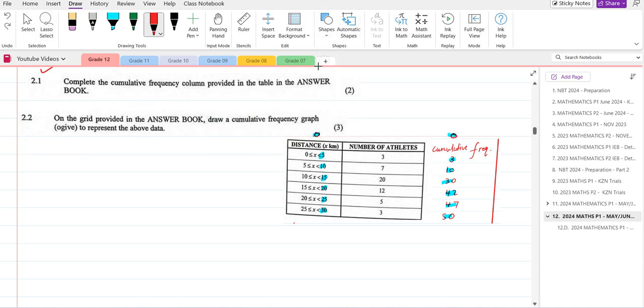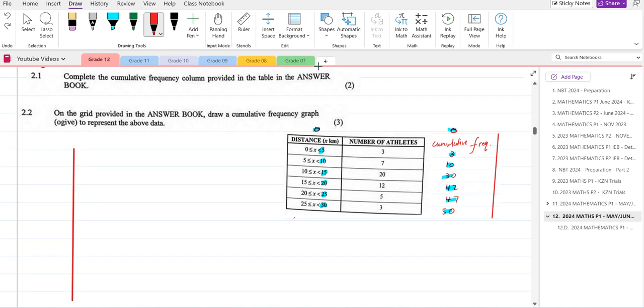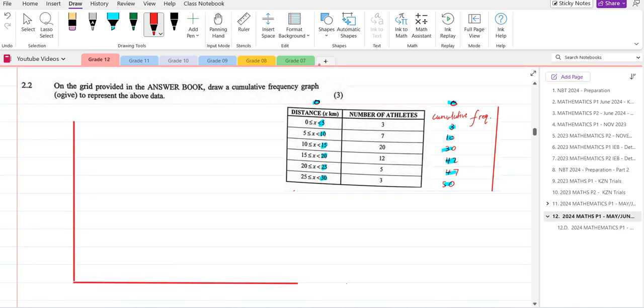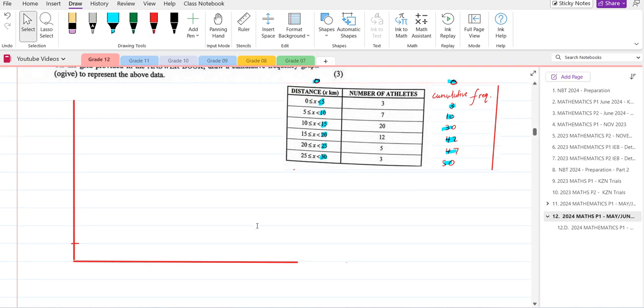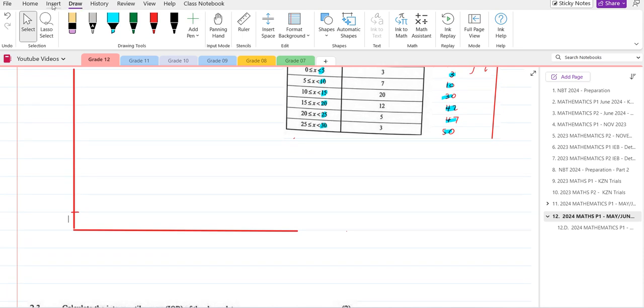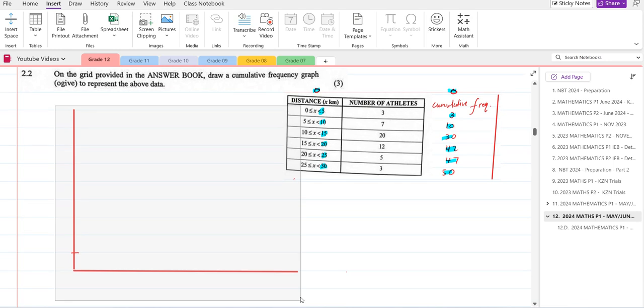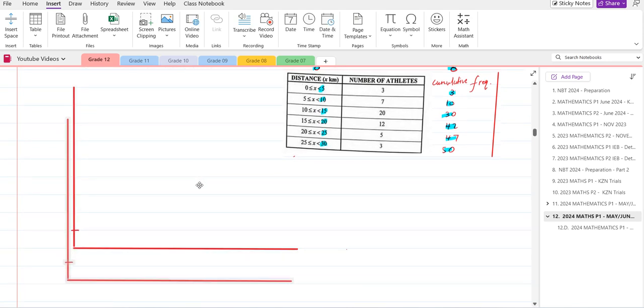Let me draw the y-axis, and remember on the y we're going towards 50: 5, 10, 15, 20, 25, 30, 35, 40, 45, 50. So a little bit more space here. Obviously you have the grid, so you can draw it much better.